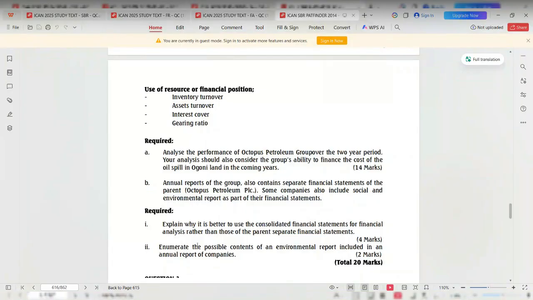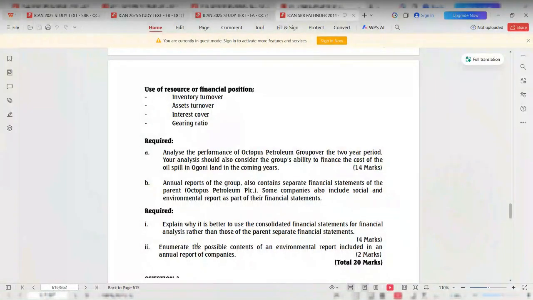So they said we should explain why it is that when we are analyzing the group financial statements, we use group accounts, like consolidated financial statements. Why can't we just use that of the parent? Can someone tell me the answer? Why? We are dealing with the group.